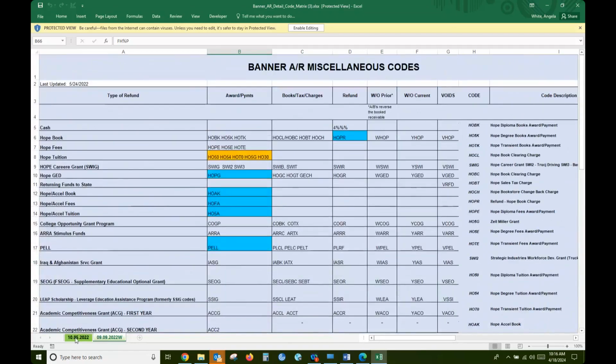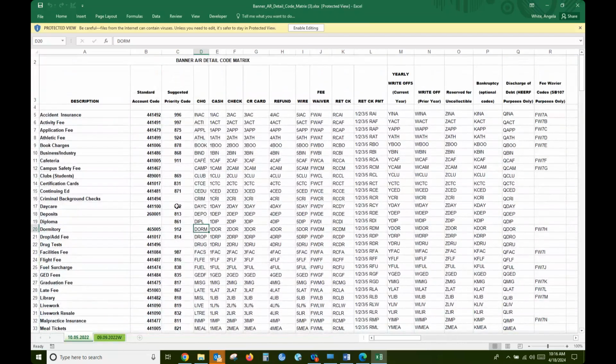So on the banner matrix, this very first page is going to be mostly your charge codes, right? So these are your charge detail codes, the payments that go along with it, your refunds, your checks, your wires, your fee waivers, write-off codes, and then your SBO 7 write-off codes.